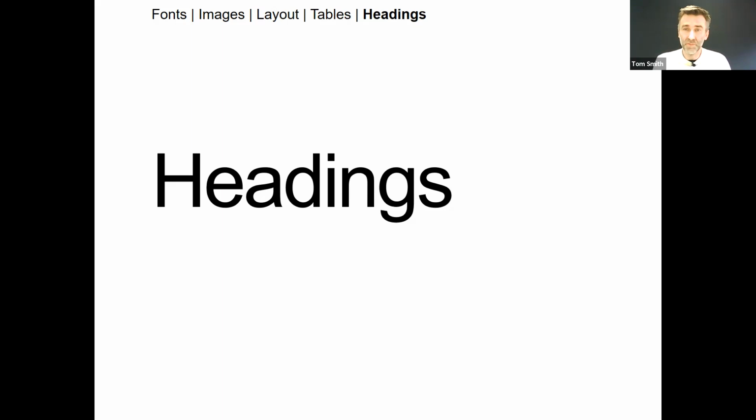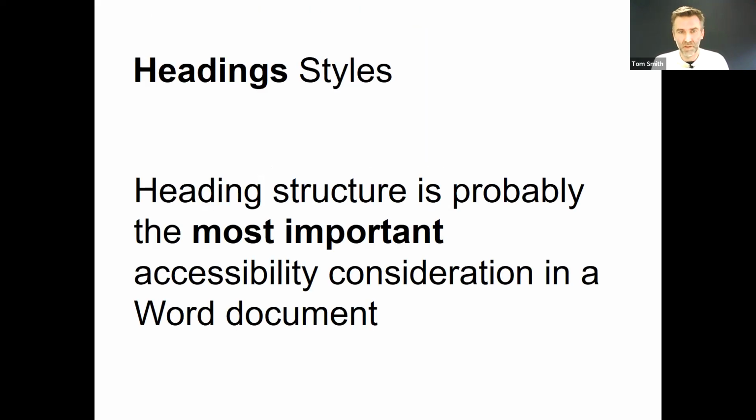The reason this becomes really important is this information is used by screen readers to skip into different headings through the document. That's why I said that the heading structure is probably the most important accessibility consideration in a Word document. If you just use headings, it's probably the biggest thing you can do for accessibility.